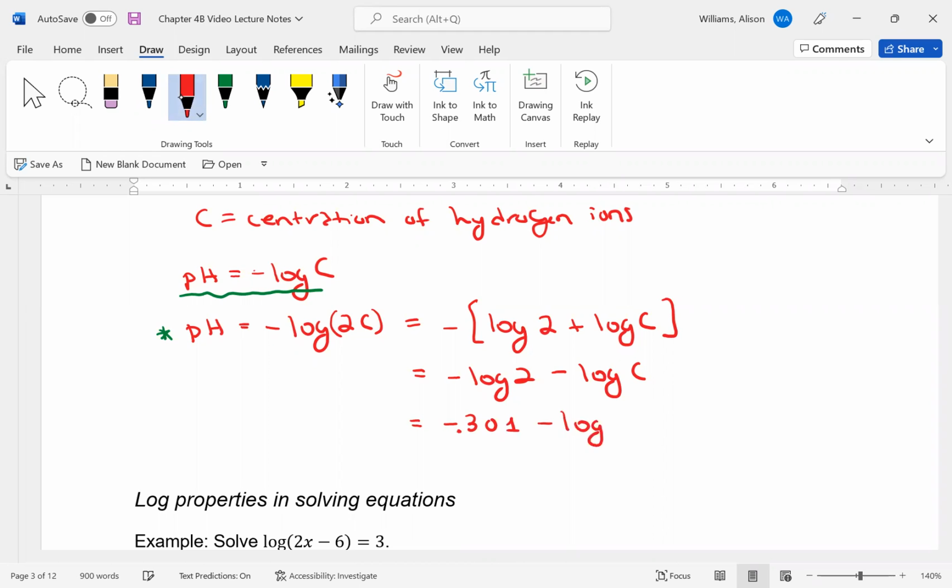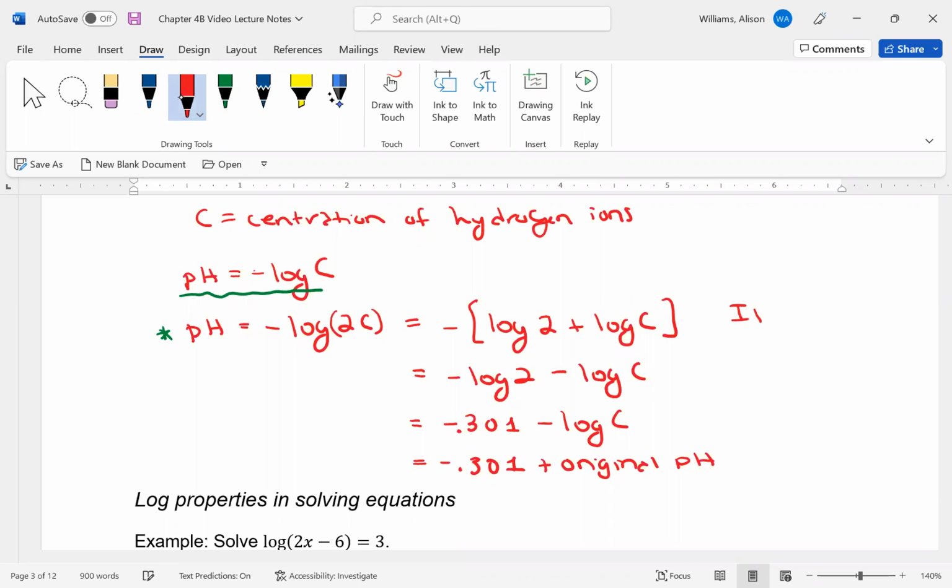Now this was the original pH, this log of C. So this was the original pH that we were working with. So what we are seeing is that the original pH, whatever that is, we're subtracting 0.301 from the pH level. So that is what the effect of doubling has.